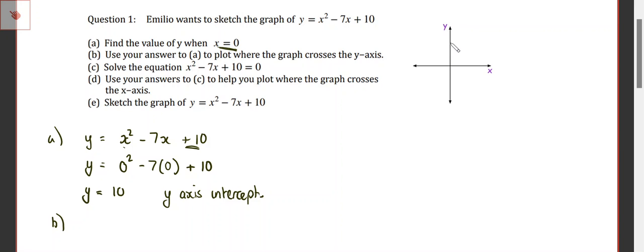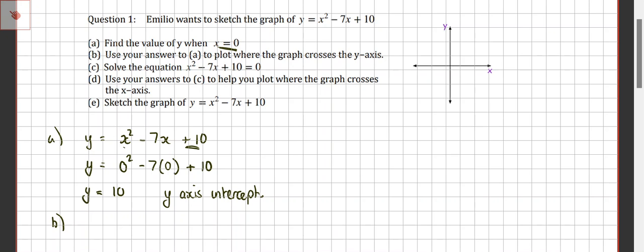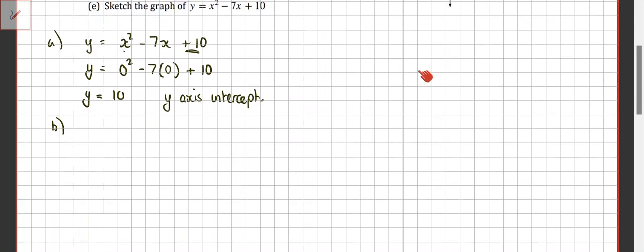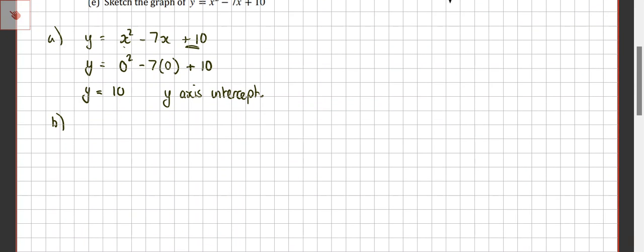So if I'm doing this, I would say, if I make my grid a bit bigger. So actually it says, yeah, use your graph to plot. So we must draw this.